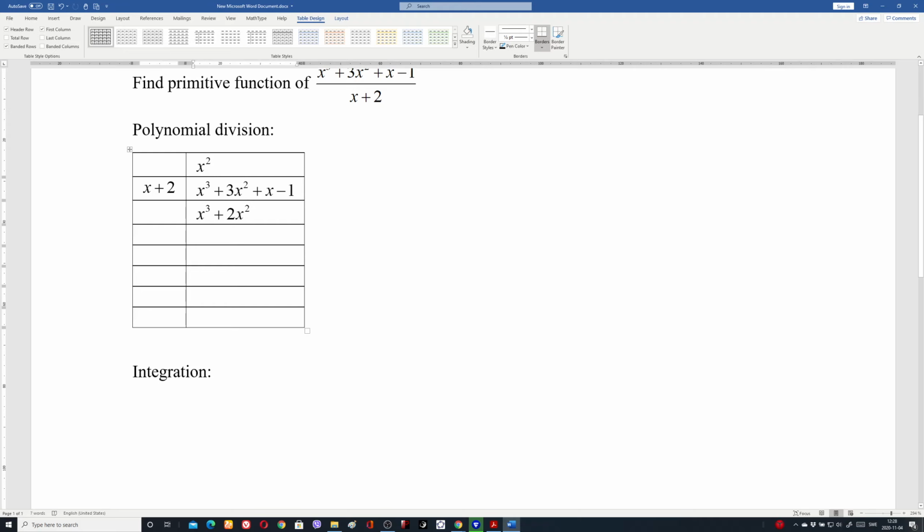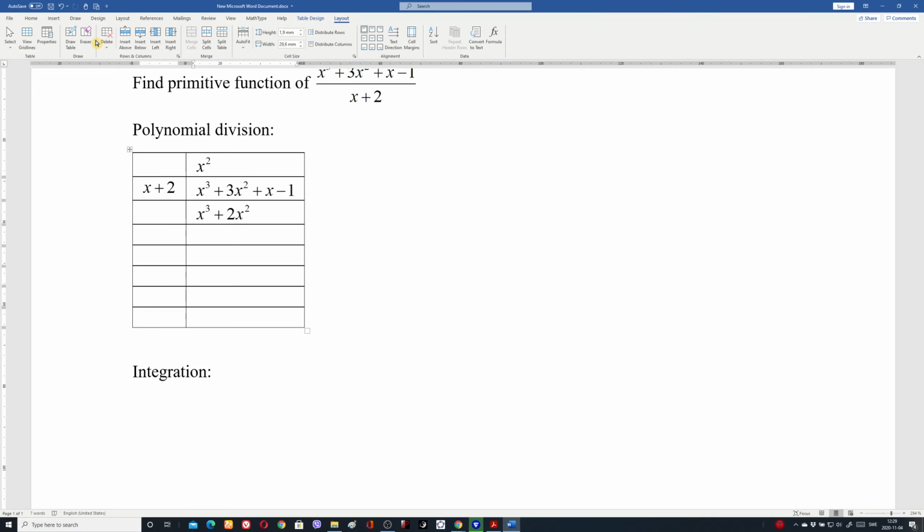Now let me manipulate this a little bit. I'd like to delete this one here so it will look a little more beautiful.